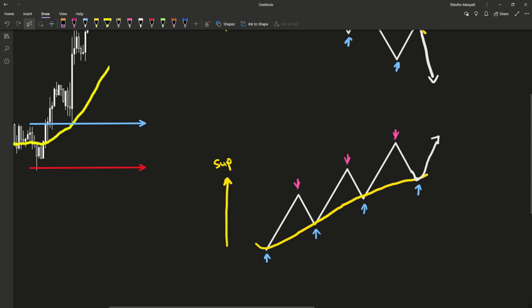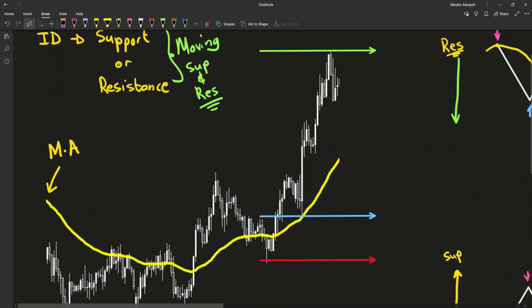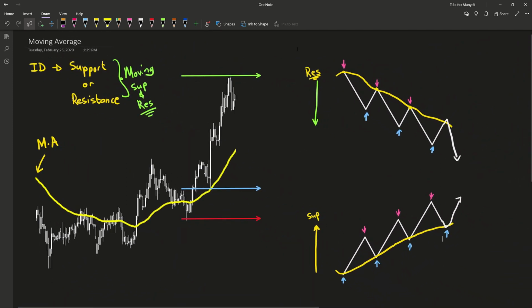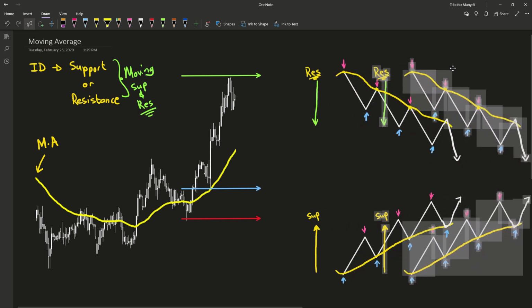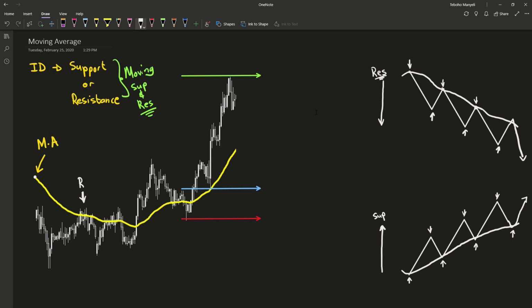Now with the example here, I just took a screenshot from an actual live chart. So let's create some space here. Let's move this way. Our moving average here, the price is moving, touches the moving average, and acts as a resistance over here. The market moves lower and comes up.